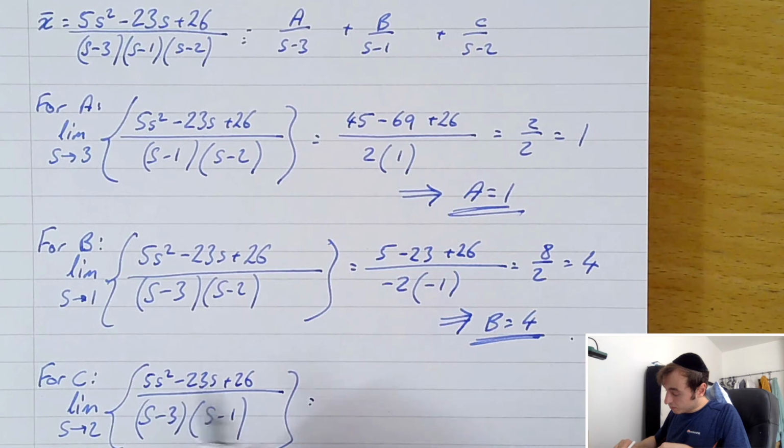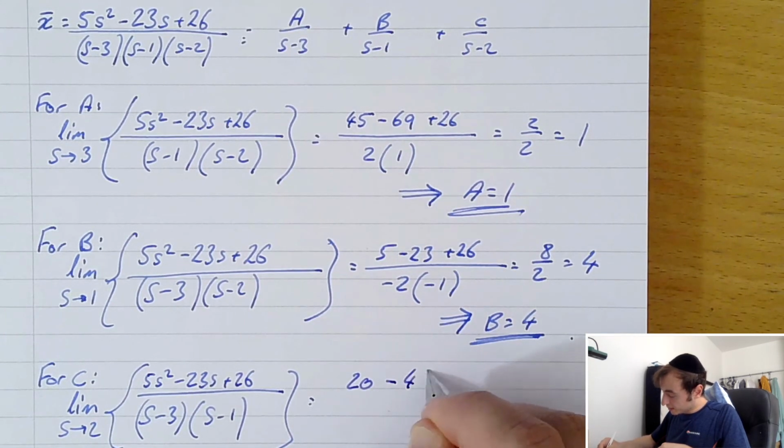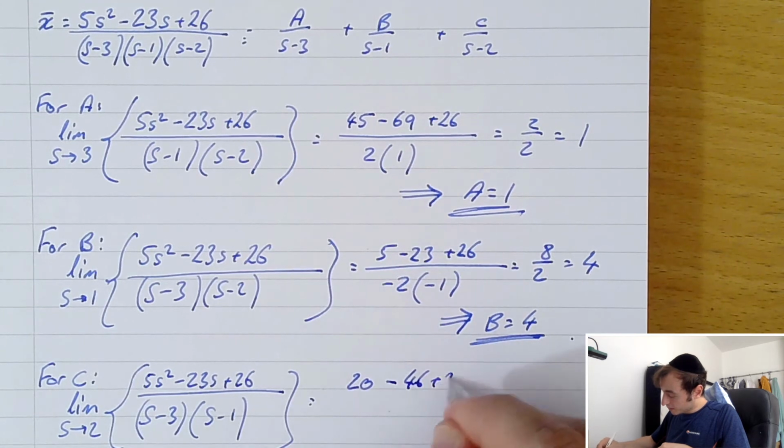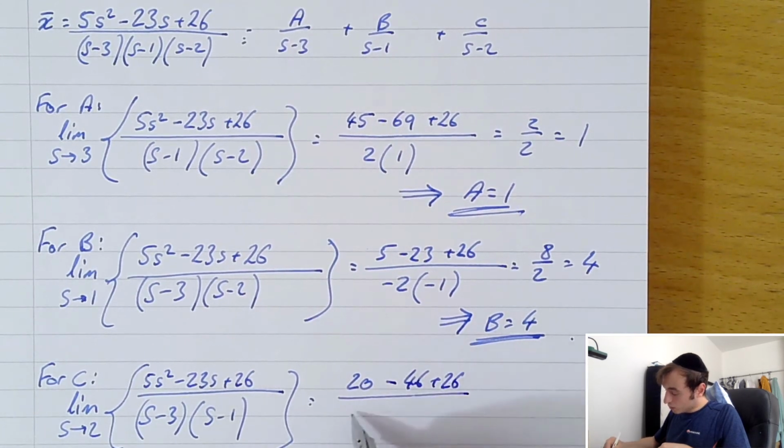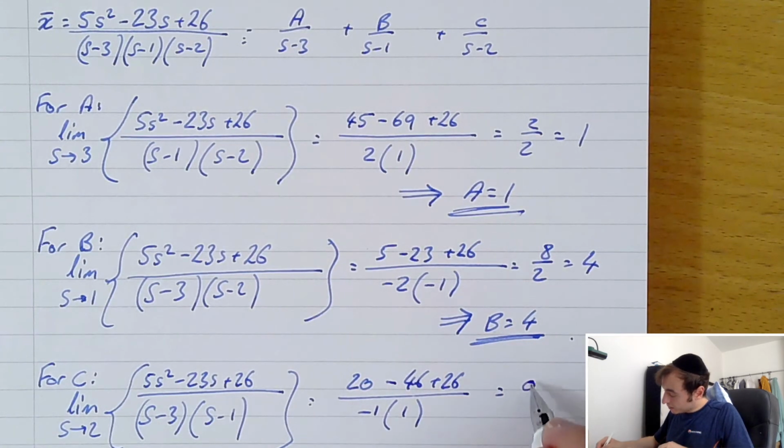So 5 times 4 is 20, minus 46 plus 26, all on minus 1 times 1. So that gives 20 minus 46 plus 26 equals 0, on minus 1, equals 0.